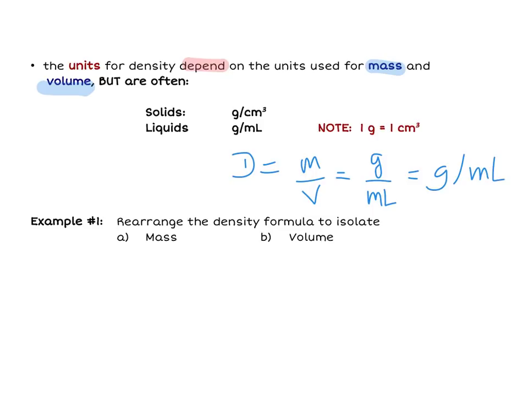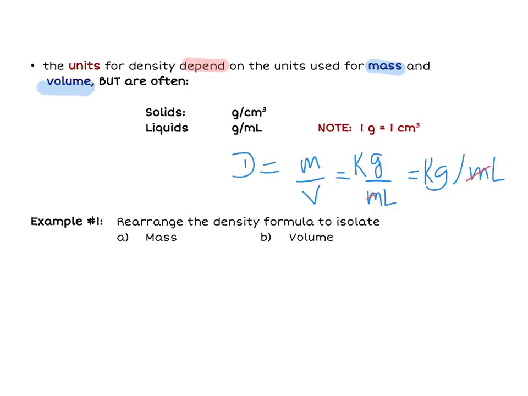But I could just as soon put in different units for mass and for volume, and that would give me a different unit for density. So, for example, I could also have included units of kilograms, and then instead of milliliters, maybe just liters, and that would give me units of kilograms per liter.